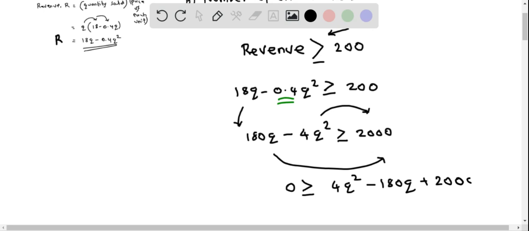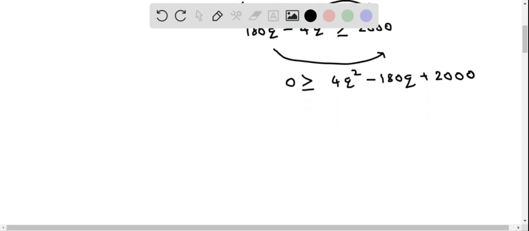So we are getting this type of inequality. In fact, we can rearrange this and write it as 4Q squared minus 180Q plus 2000 less than or equal to 0.